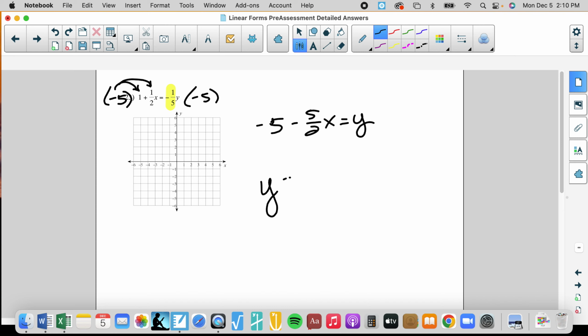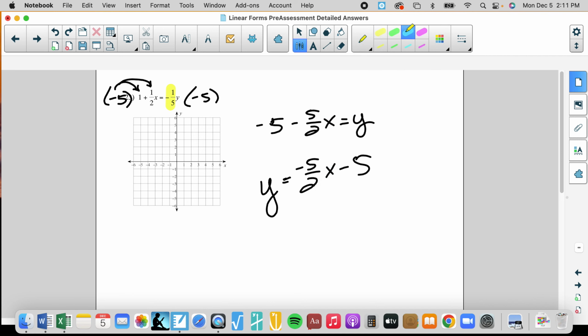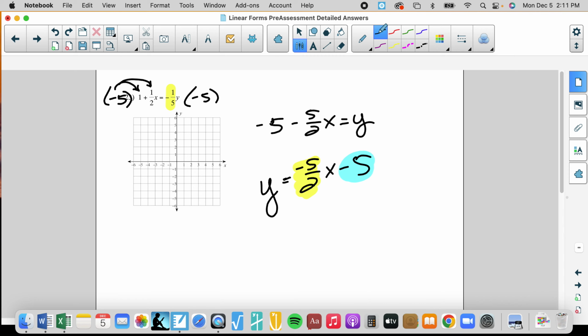Let's just rewrite it in slope-intercept form with the y coming first. So I'm able to figure out what my slope is, which is negative 5 halves, and I'm able to find what my y-intercept is. So my y-intercept is negative 5, and I'm going to use my slope. Oof, down 5. 1, 2, 3, 4, 5, right 2.